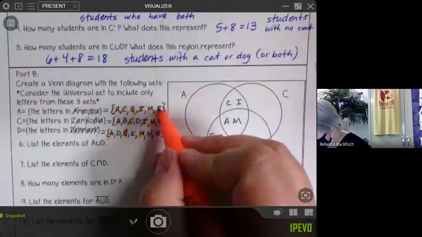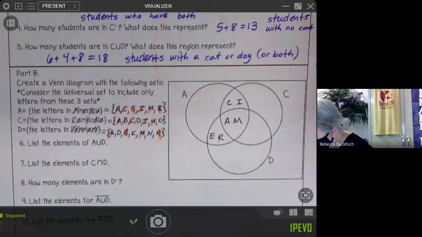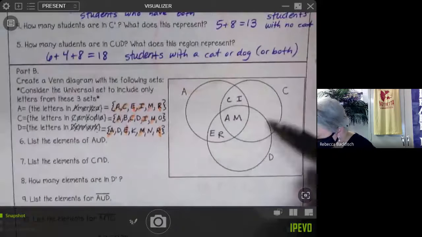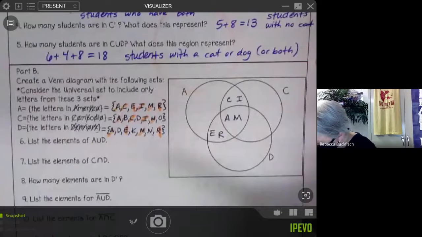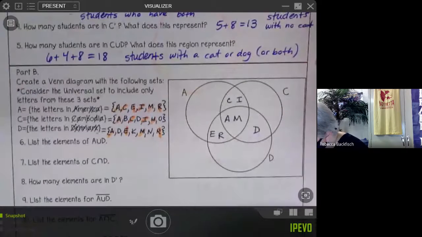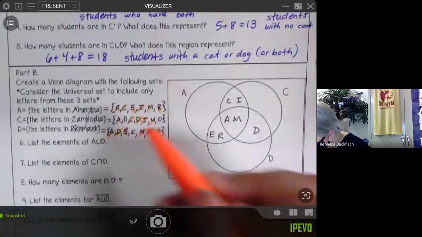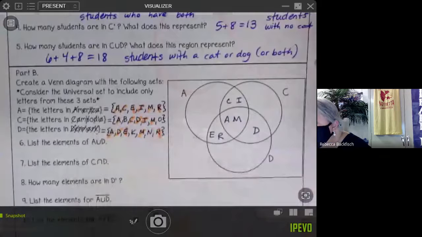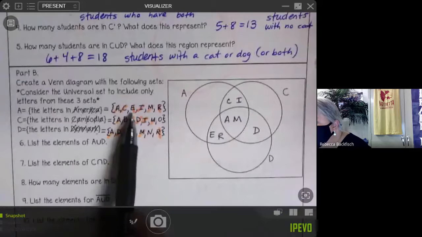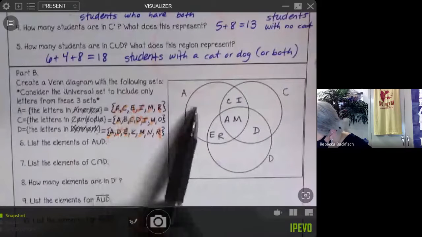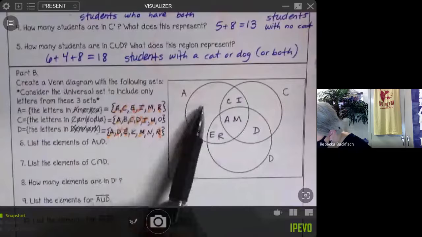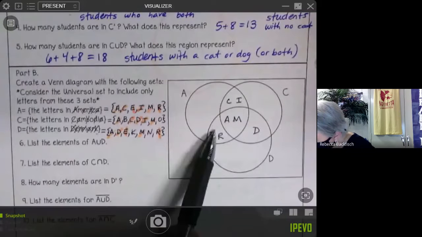Are there any letters that are in both C and D, but not A? D is, you're right. I've used D. Okay, it looks like everything in the set A has already been used. So there's nothing over here because over here is things that are in A that are not in any other group. But it looks like all of those are in one of the other groups too. B and O are in C, but nothing else.